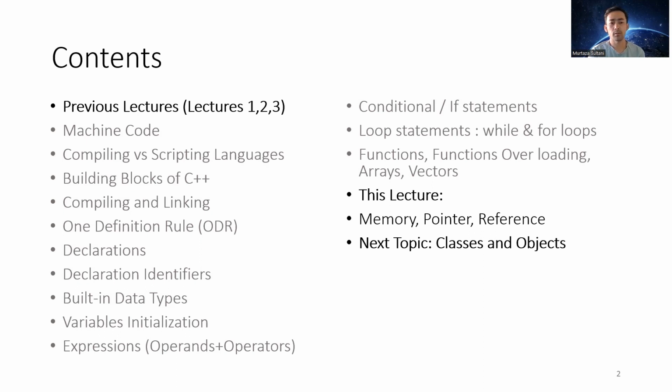We also talked about the one definition rule, which says that variables, functions, and classes should be defined only once. And we talked about declarations. We divide our code into files: one is the header file, and the second is the source file or CPP file.